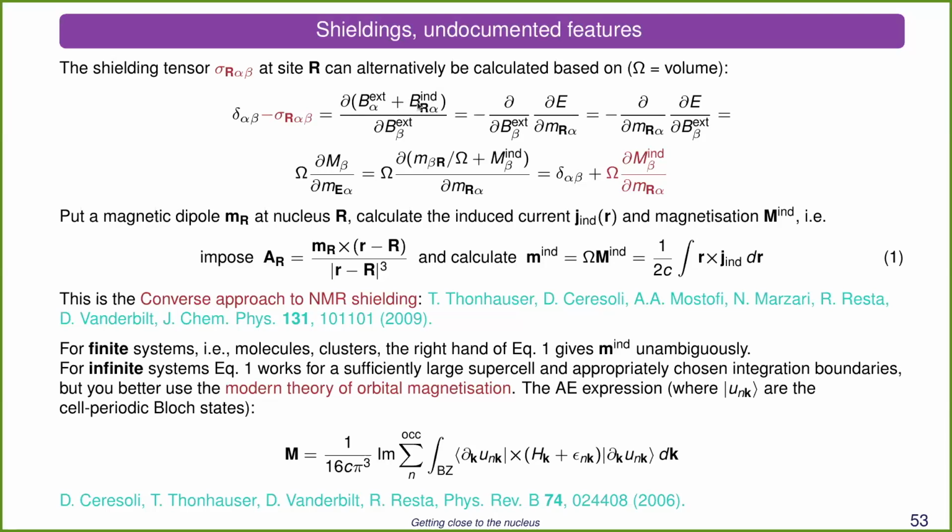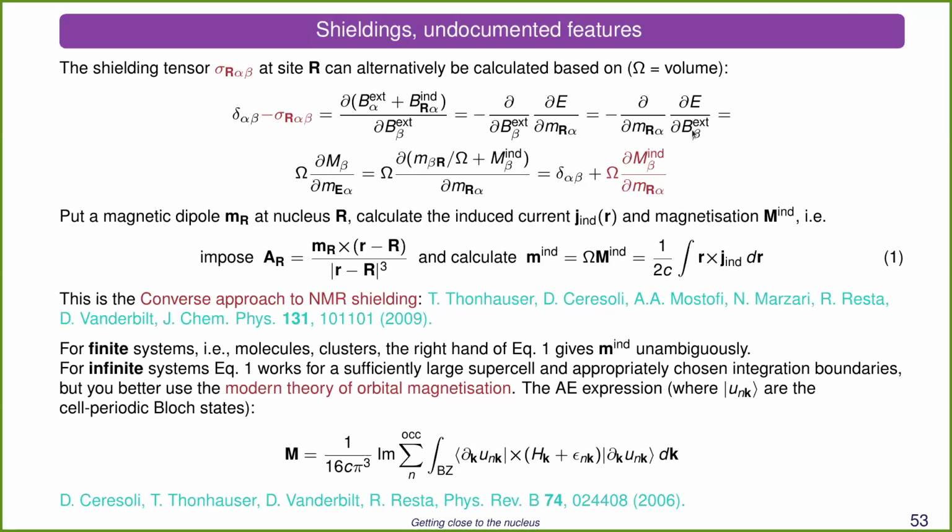These fields have to do with an energy when you bring a magnetic moment, say the magnetic moment of the nucleus, inside the field. If you do m times B, you get minus E. This is a simple formula from electrostatics. So you can see that this term you can write as this derivative with the minus.